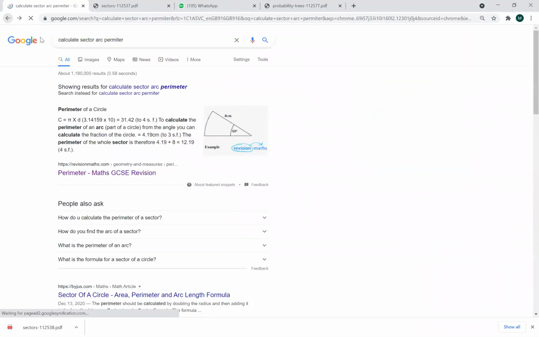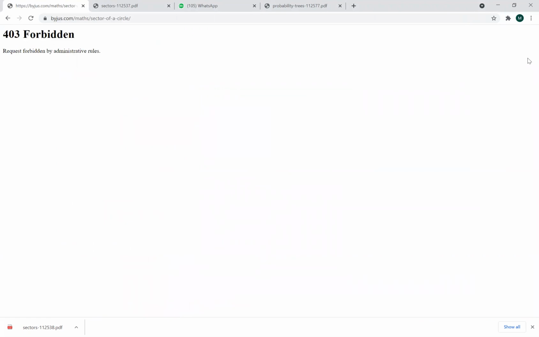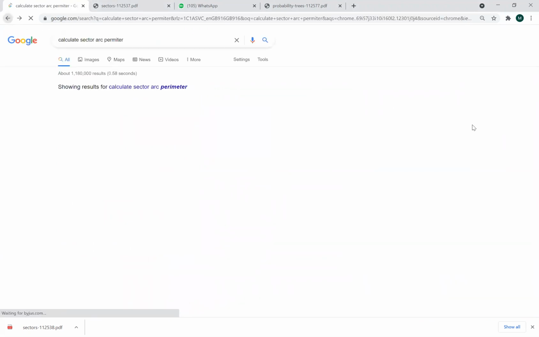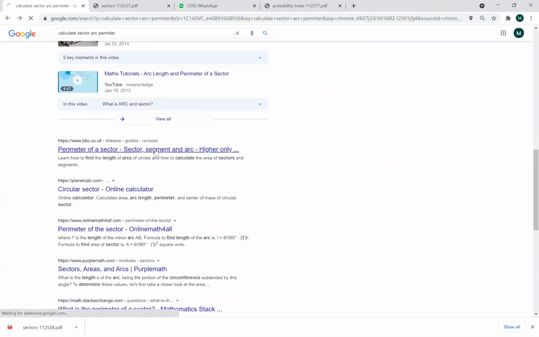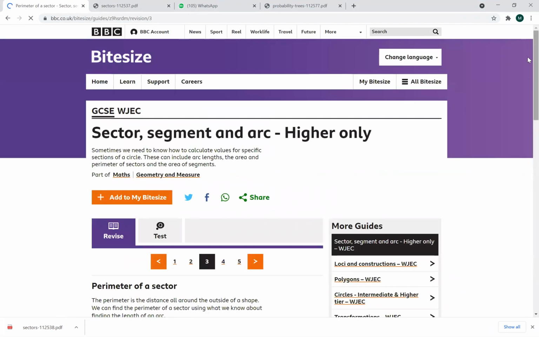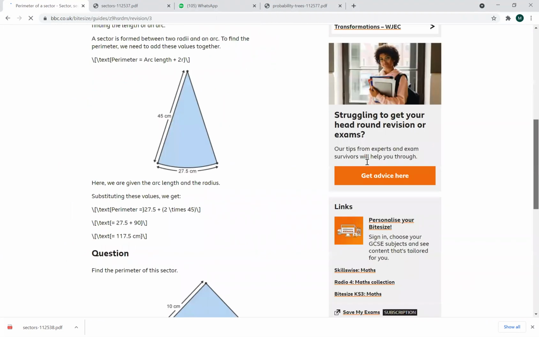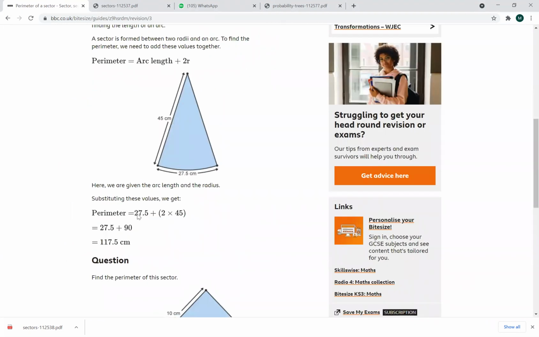You've got to find another one. Sector of a circle, area, perimeter, length. Let's look at this. It was forbidden. Okay, so again, perimeter is times 2 times 45.